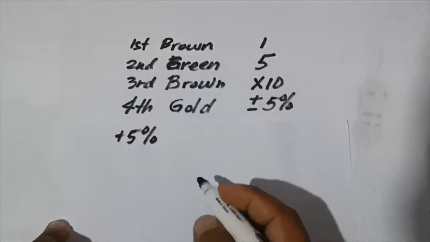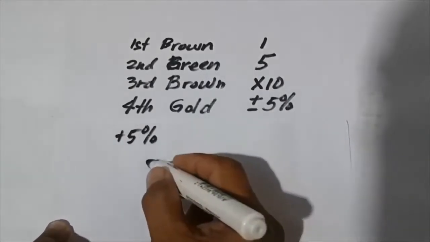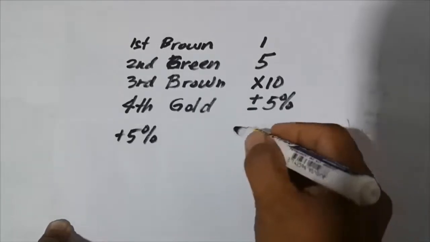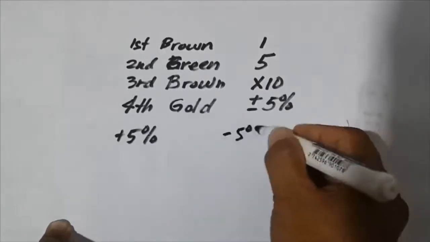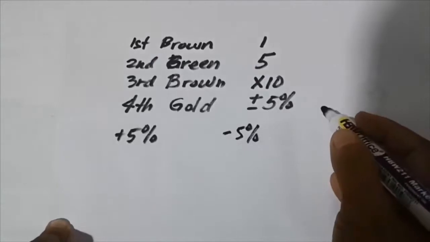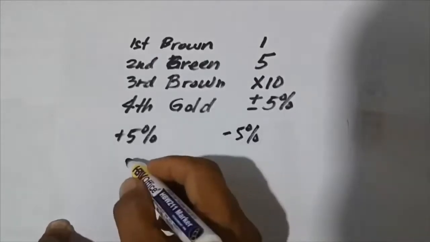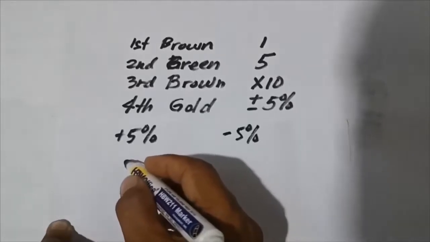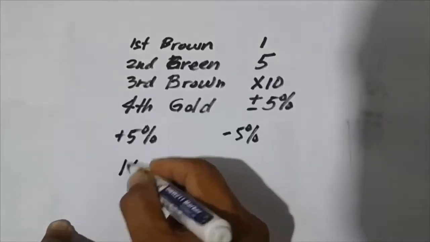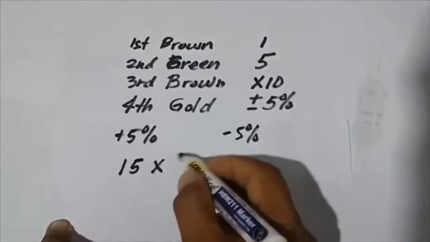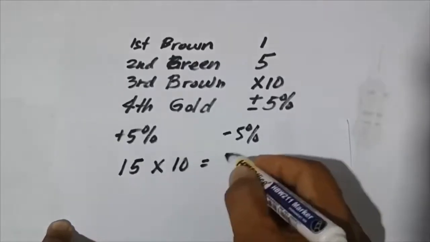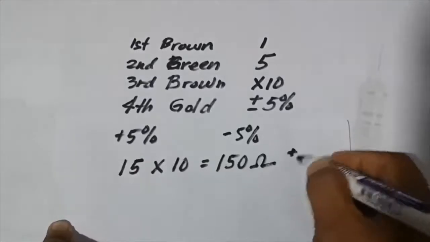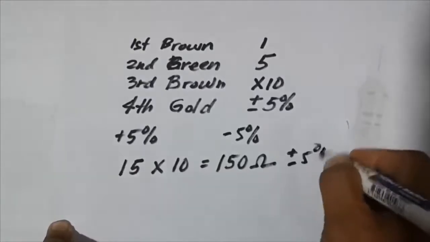So from here, we are going to solve for the positive 5%, so as with the negative 5%. But before that, we are going to solve first for the value of the resistor. It is 15 times 10, that will give us 150 ohms. And the tolerance of plus minus 5%.